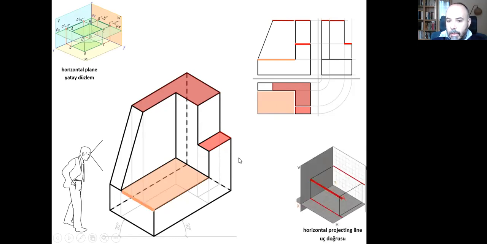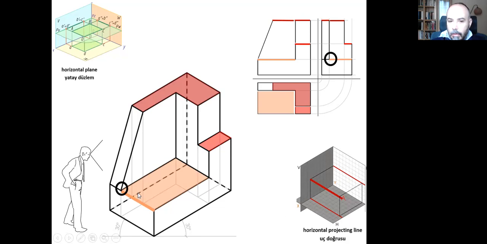And on the left side, again, I will see it as a horizontal projecting line that appears there. And since there is no distance difference between these two lines here, I shouldn't leave a gap. They are at the same distance.